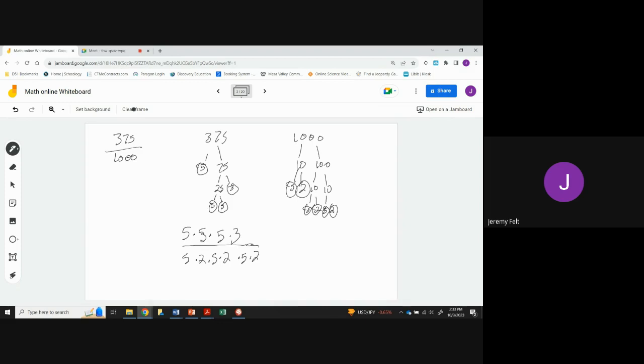Now again, when we say it's over, it doesn't mean that it has to be directly over. So this 5 can cancel out with this 5. It doesn't have to be the one that's directly over it. 5 and 5 cancel out. 5 and 5. 3, I don't have a 3 down here. 2, I don't have any 2s up here, so it's 3 over 2 times 2 times 2. So 3 over 8.